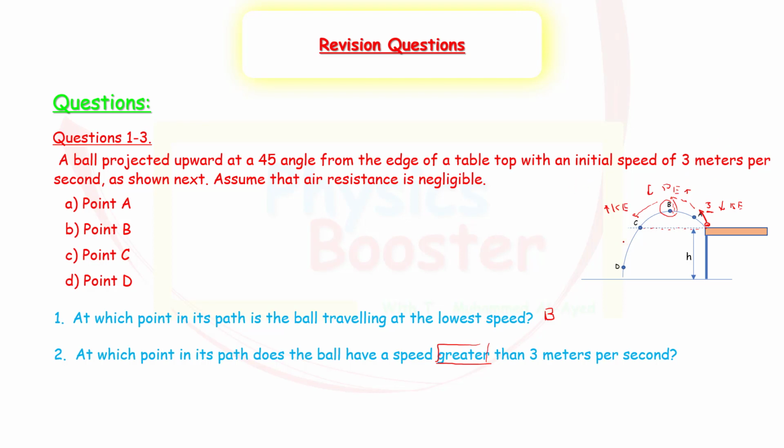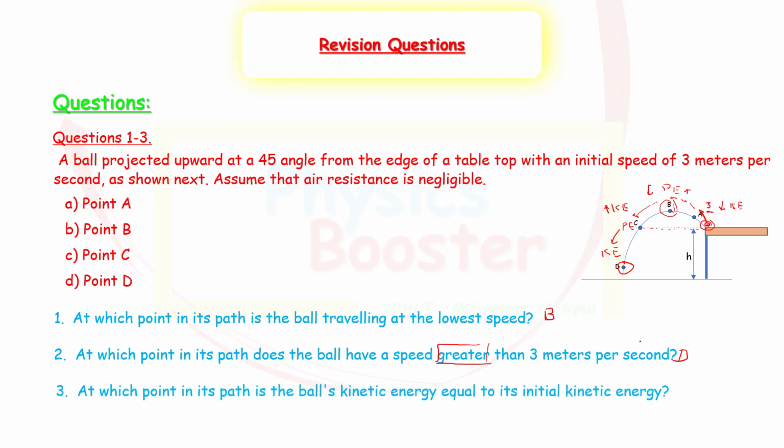The ball is still falling and still has potential energy because it's above the ground. It's still moving downwards and losing potential energy, transforming it into kinetic energy. So it's gaining even more kinetic energy than it had at the beginning. So at point D, it will be faster than at point C or B or even its initial point. So the answer here is D.